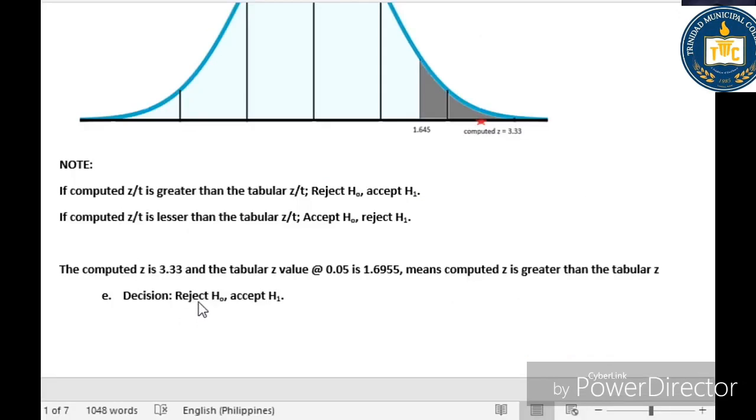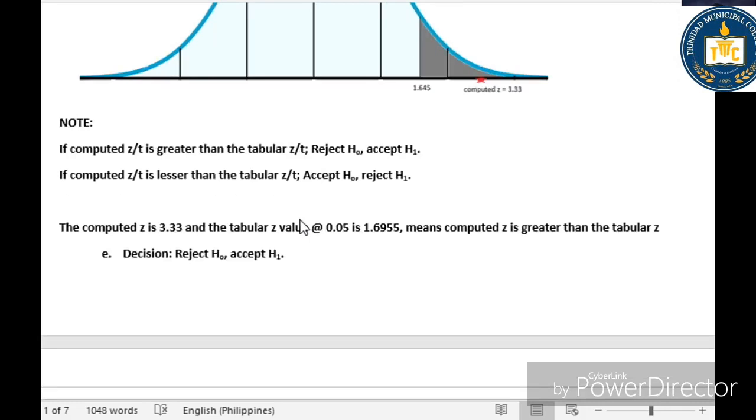Okay, so before we proceed to our last step, which is the decision, here's an important note. If computed z or t is greater than the tabular z or t, our decision is to reject the null hypothesis and accept the alternative hypothesis. Otherwise, if computed z or t is lesser than the tabular z or t, accept the null hypothesis or reject the alternative hypothesis.